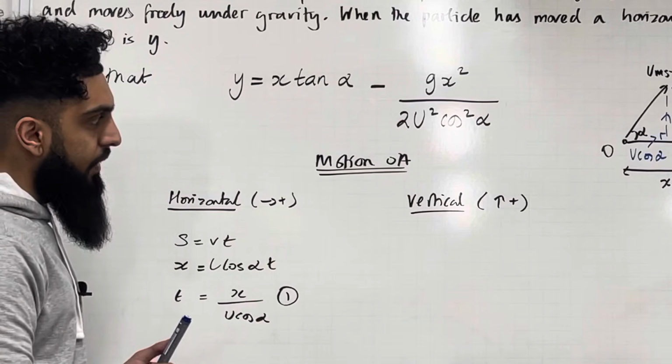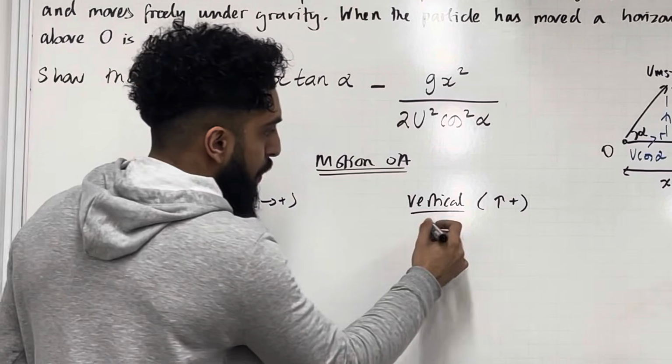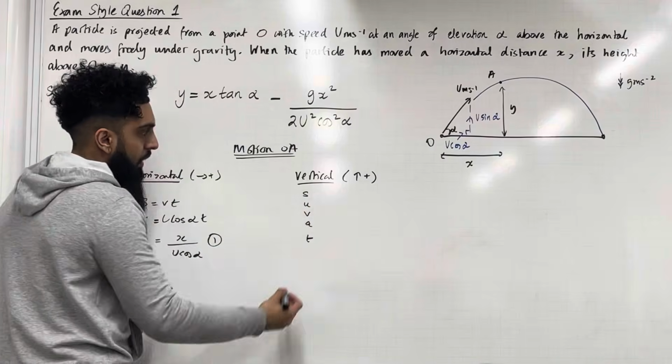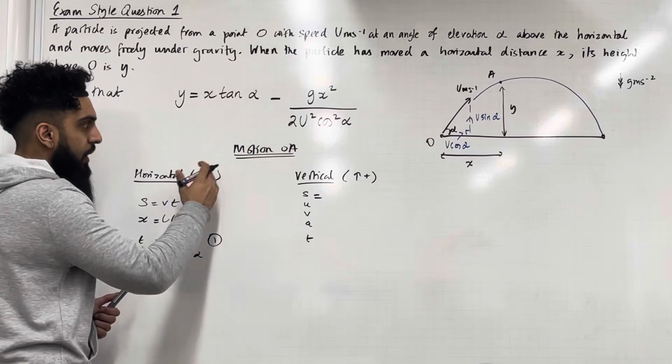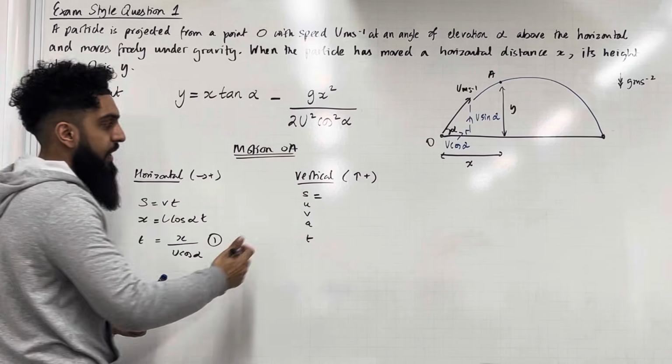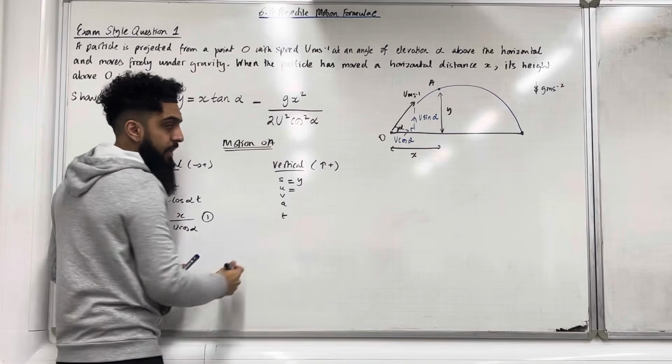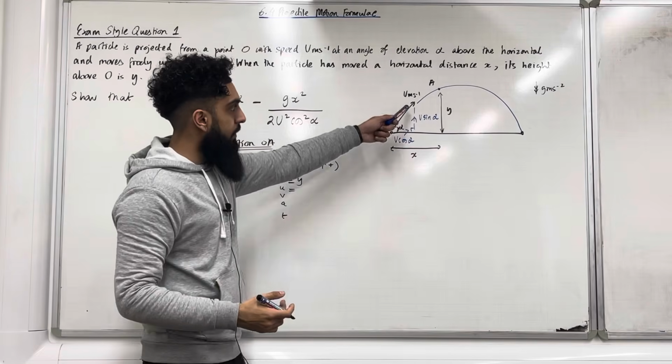Now let's have a look at the vertical. For the vertical, we have SUVAT. So if we're looking at motion O to A, the vertical displacement is y, as you can see from the diagram. The vertical initial velocity is u sine alpha.